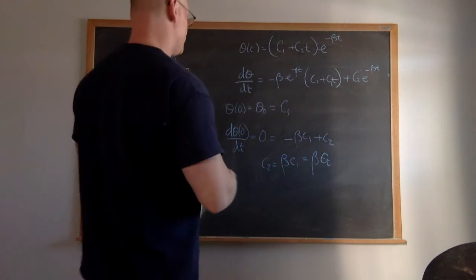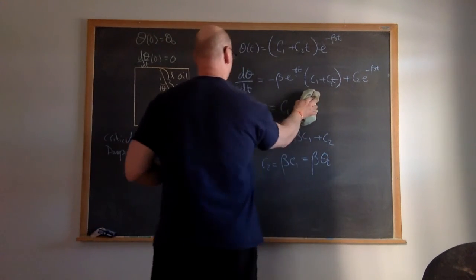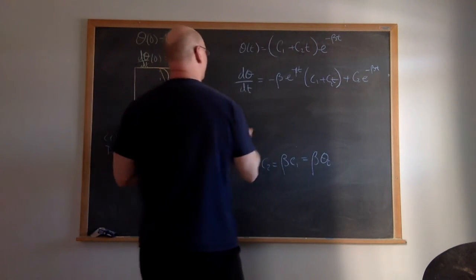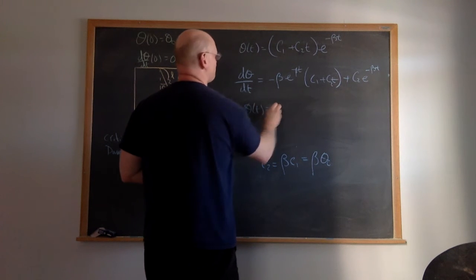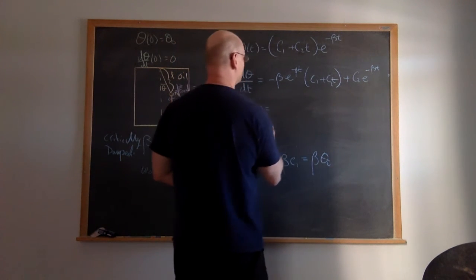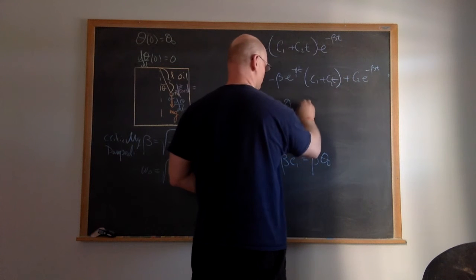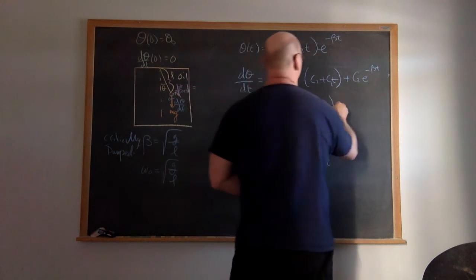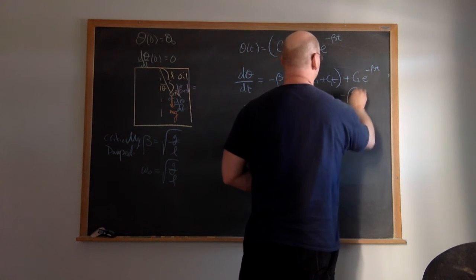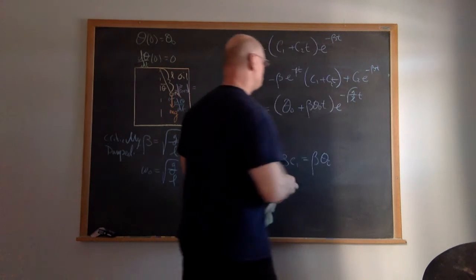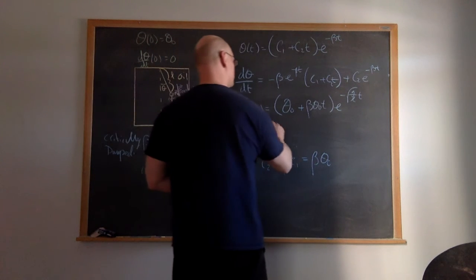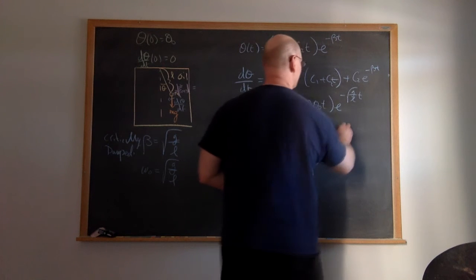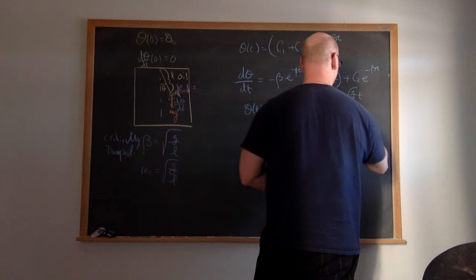So good. Putting everything together, we can rewrite this as these lines. My angular position as a function of time is going to be equal to theta initial plus beta times theta initial times time, all times e to the minus square root of g divided by L times time. Or I can factor out that theta initial, so it's theta initial times (1 plus beta times time), e to the minus square root of g divided by L times time.